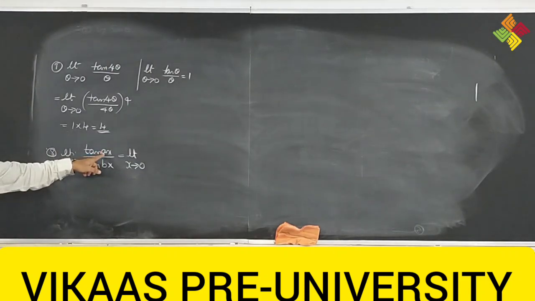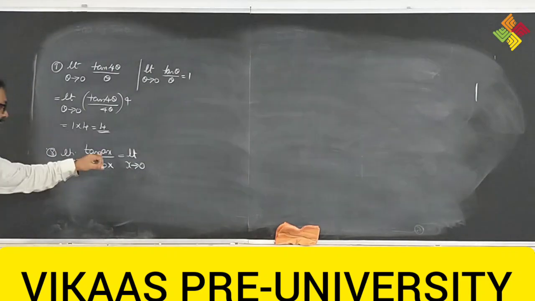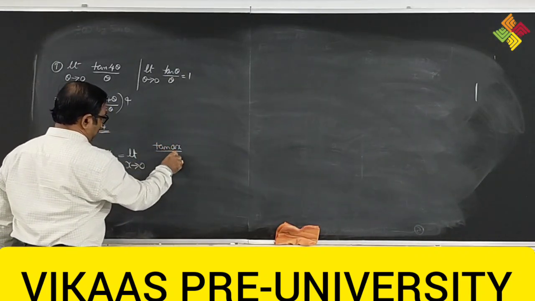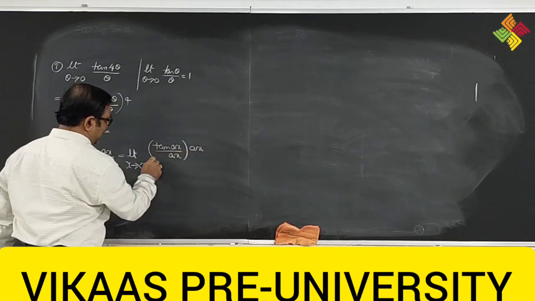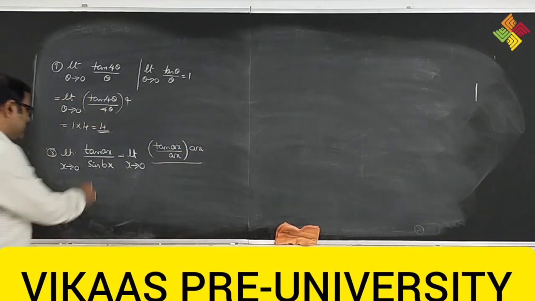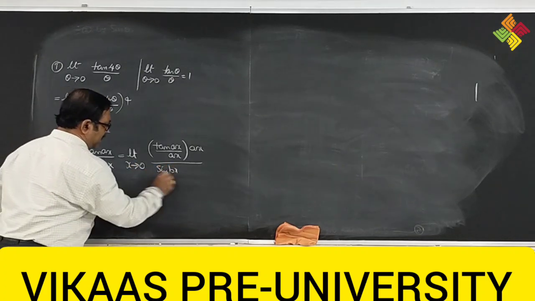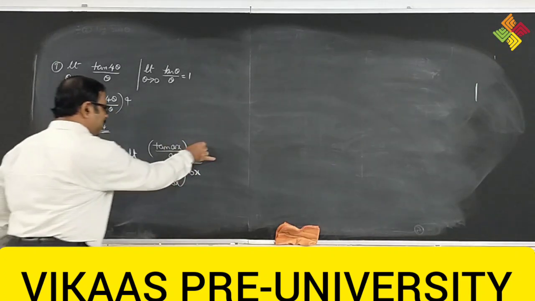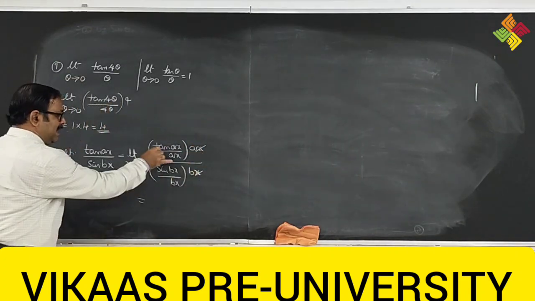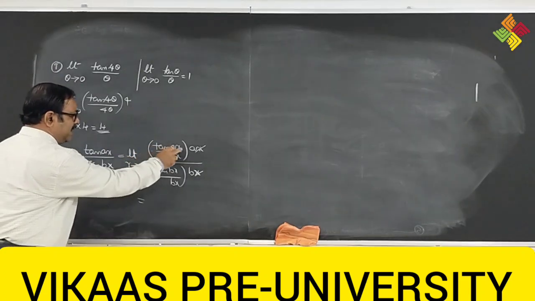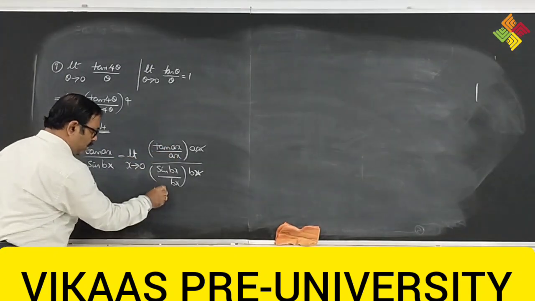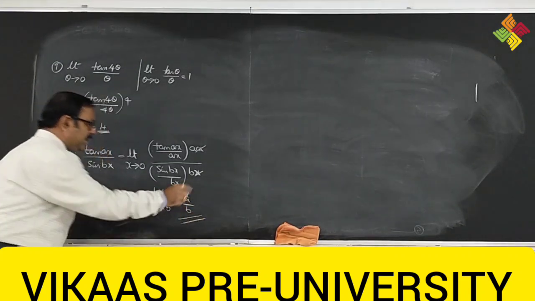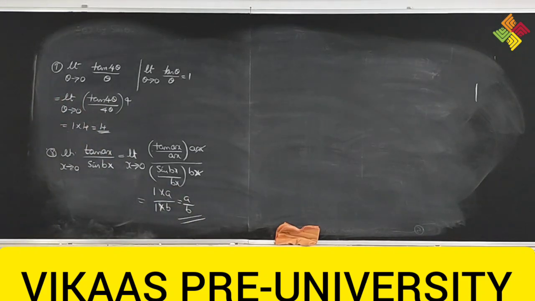Here what is there? Tan ax. So what is required in the denominator? ax. So we write it as tan ax by ax into ax divided by sin bx by bx into bx. Now we cancel x. Now apply the limit: 1 into a by 1 into b. Therefore the answer is a by b.